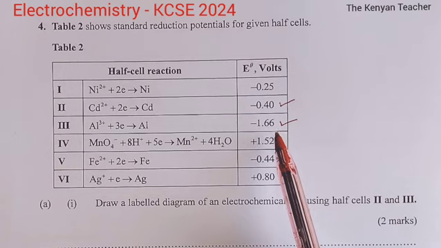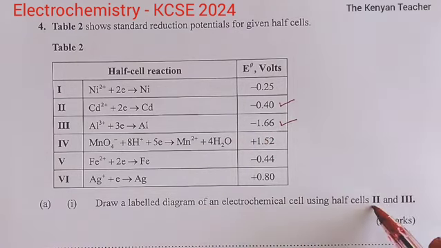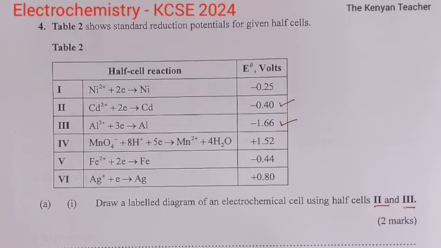So once a candidate has identified the half cells as per the question, we gave a very simple method that a student should use to help in placing the half cells. Remember, one of these half cells must be placed on the left-hand side and another one must be placed on the right.